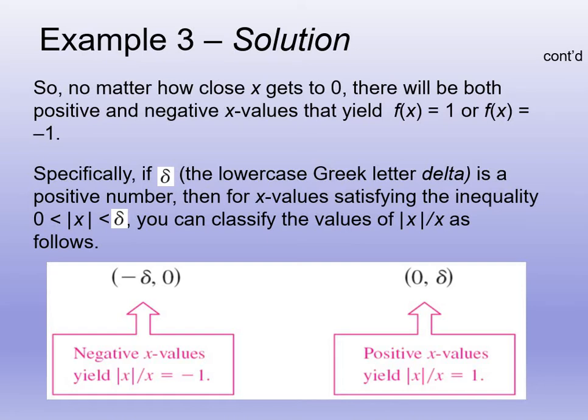On the other side of x equals 0, as delta changed slightly, getting closer and closer to 0 on the positive side, the ratio of the absolute value of x over x got closer and closer to 1. So we notice that the left-hand side and the right-hand side do not agree. We're using delta here as an arbitrary change.